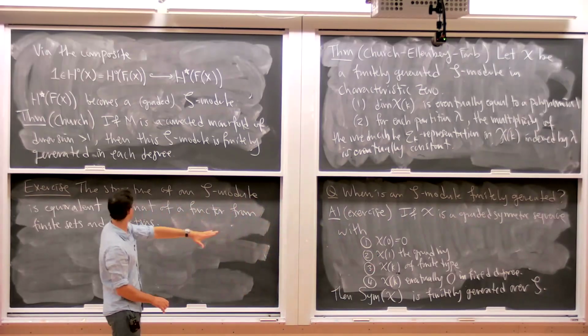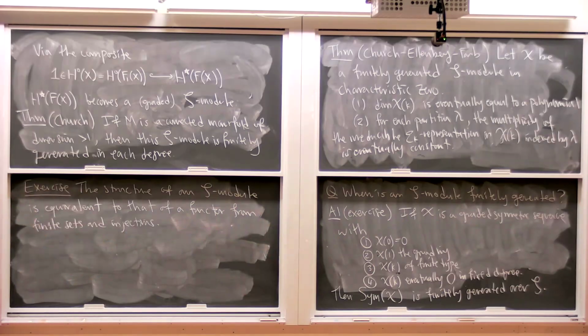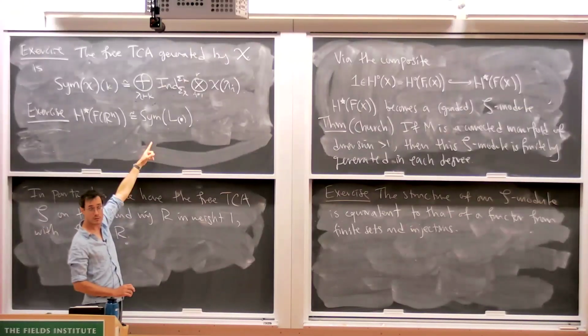And this really is an exercise. You just have to look at this formula, interrogate it a few times, and see that all but finitely much stuff vanishes. So in particular, Church's theorem about finite generation holds for Euclidean space, because we saw that Euclidean space is free on something that satisfies those conditions.